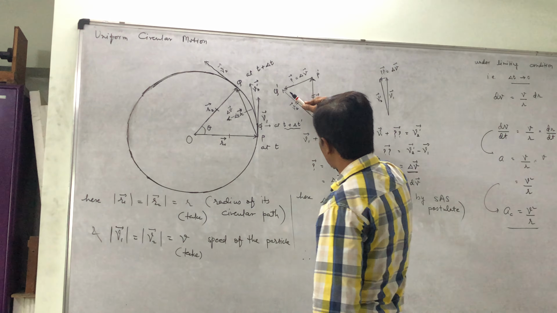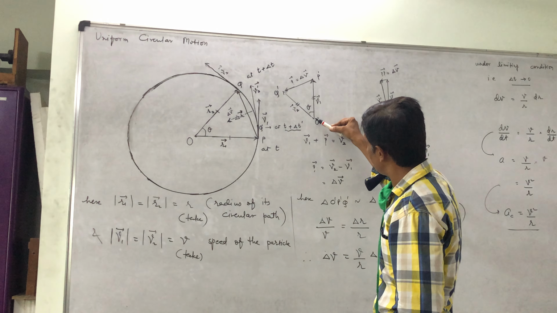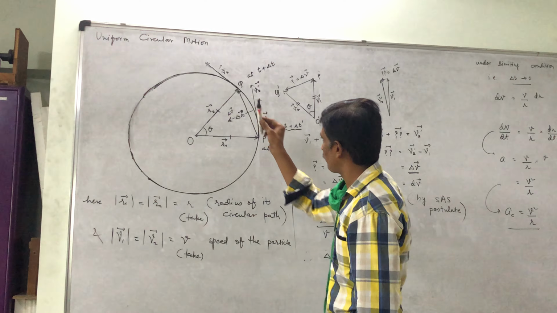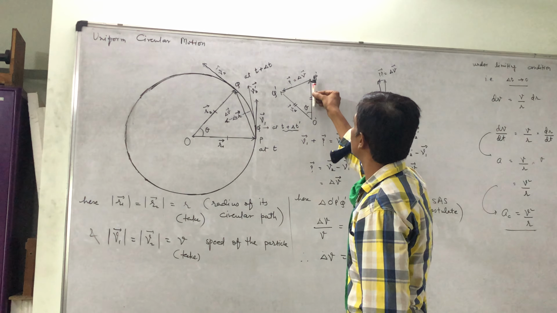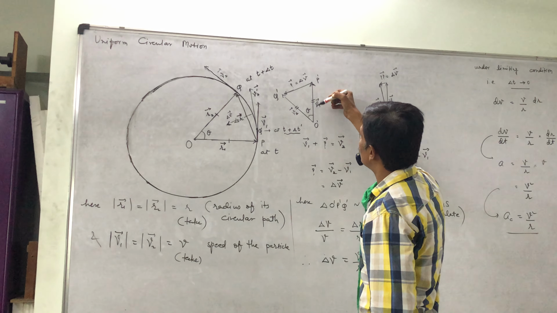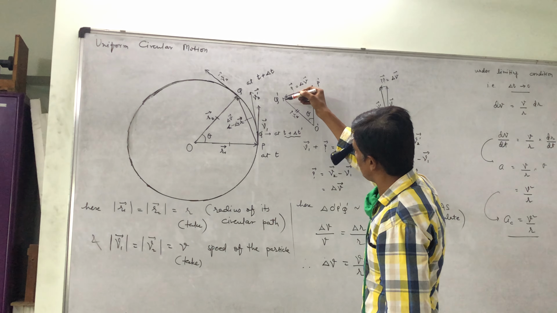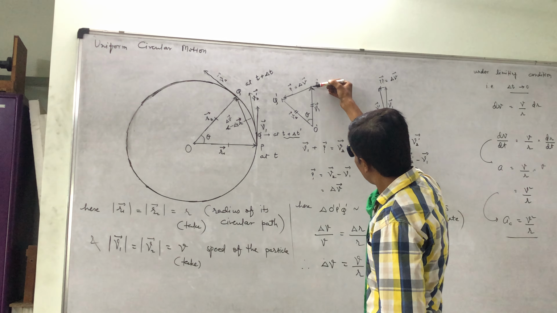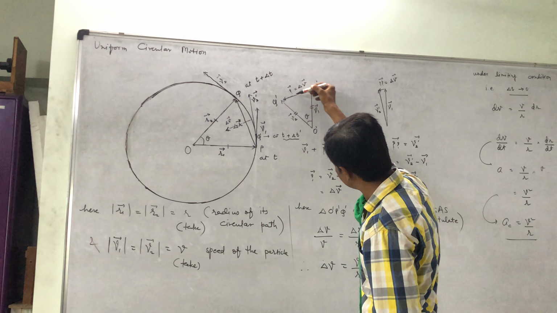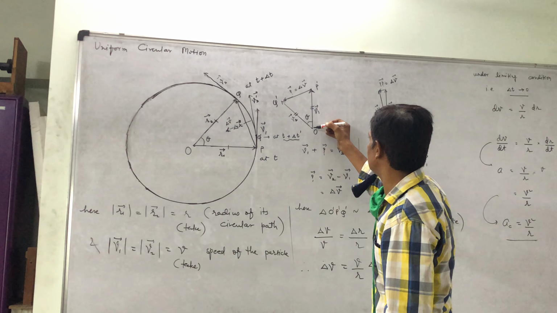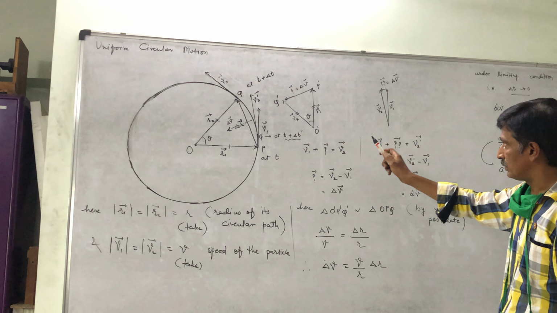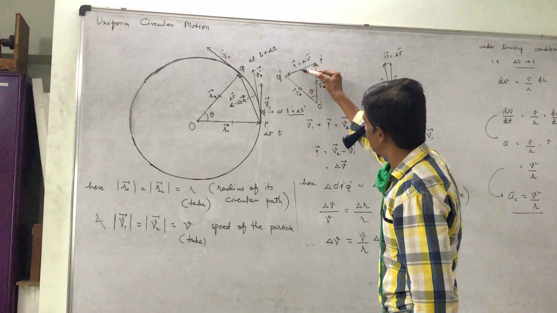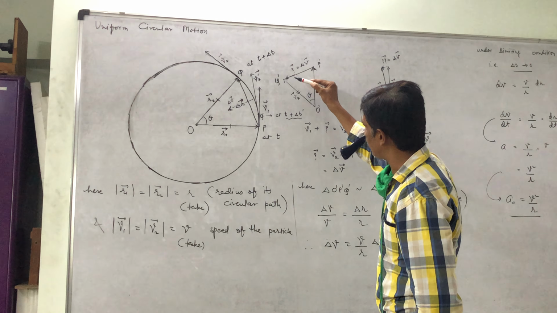So this is the v1 vector, this is the v2 vector, and this one is the question mark. From the triangle law for vector addition, v1 plus the question mark vector equals the v2 vector. So the question mark vector is v2 minus v1.